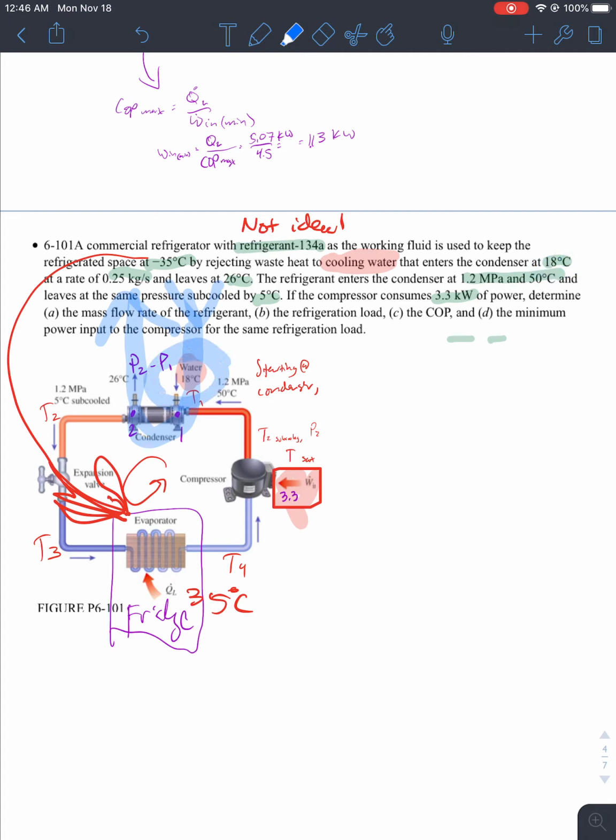It's stated over here. And the outlet side is 26 Celsius. So 18 at a rate of 2.5 kilograms per second. So over here, 0.25 kilograms per second.